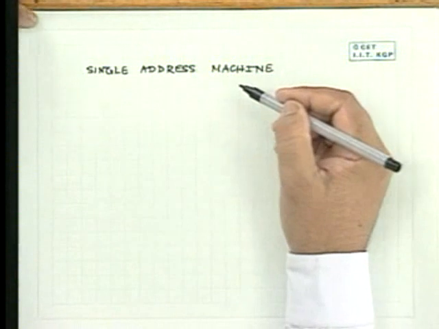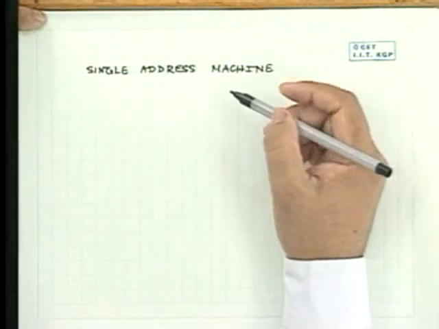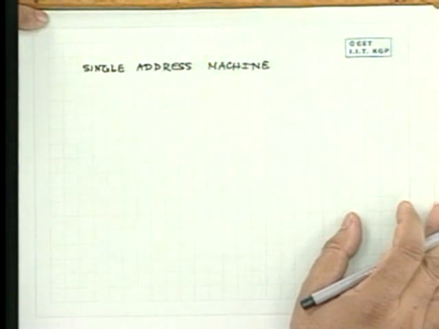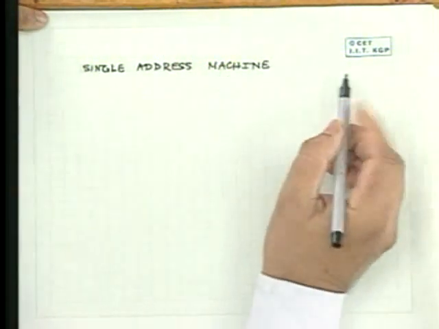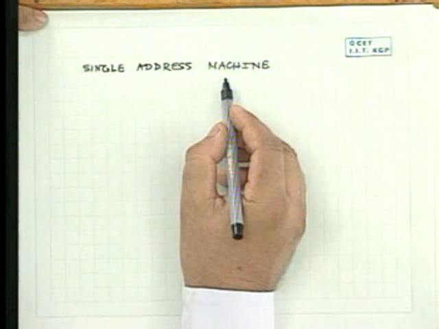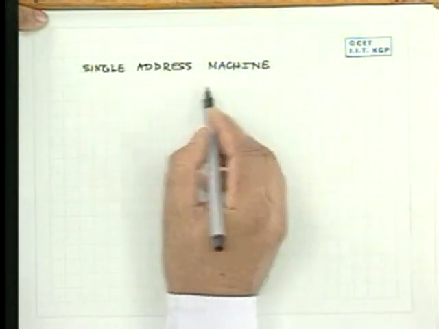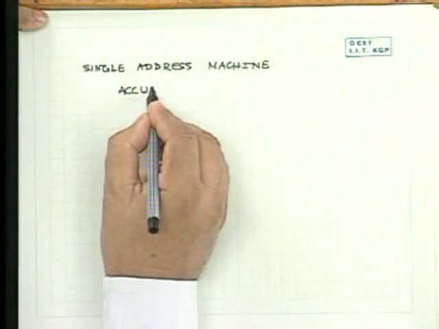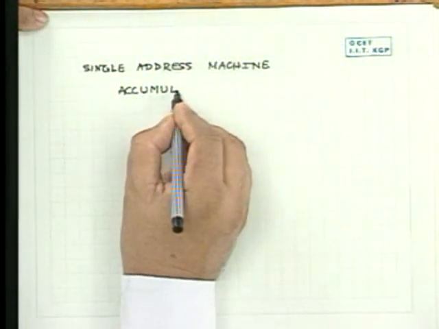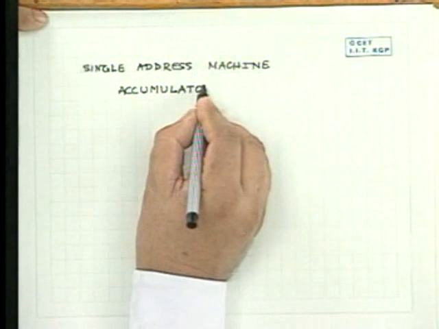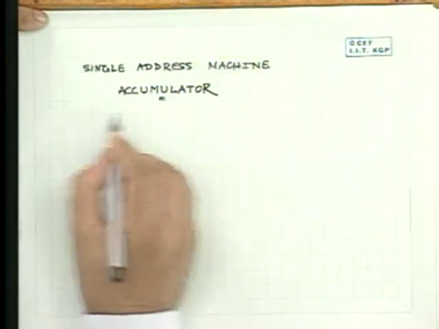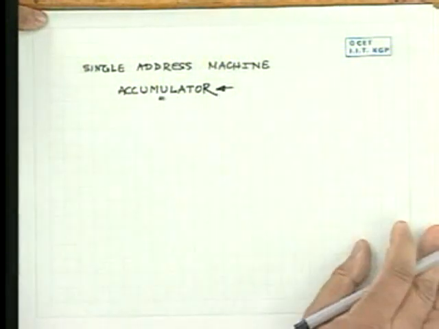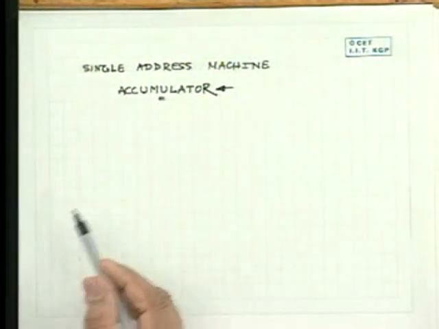By at most, I mean in some instructions there may not be any operand at all. Also, our example machine has only one register on which the arithmetic and logical operations can be done, and that is the accumulator. Only one register is there, but naturally the situations are not like that.